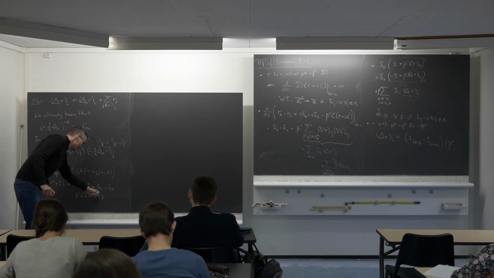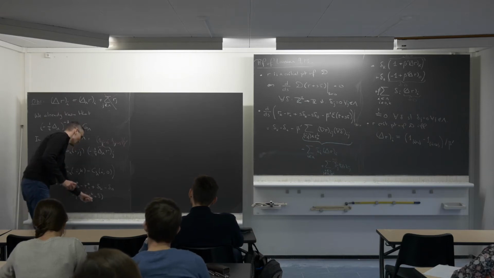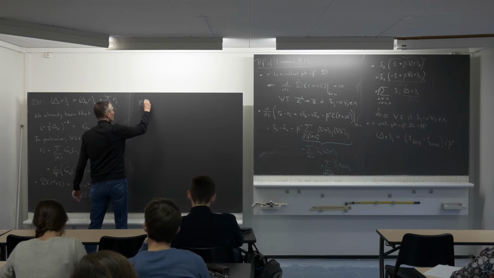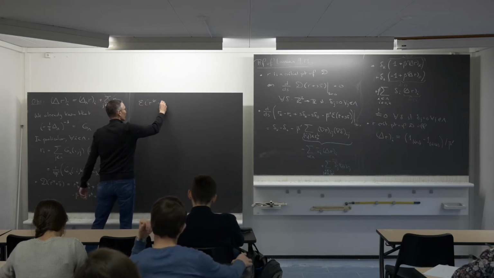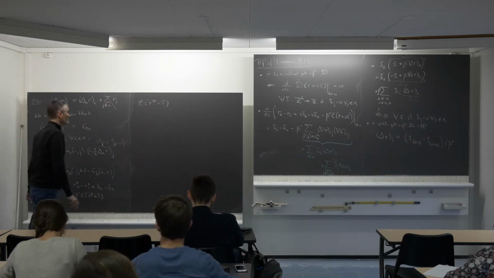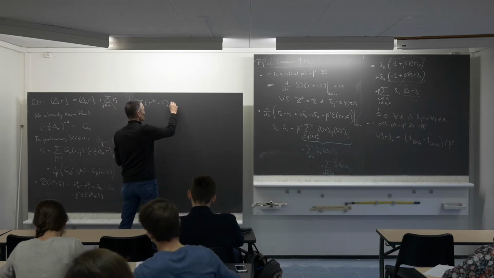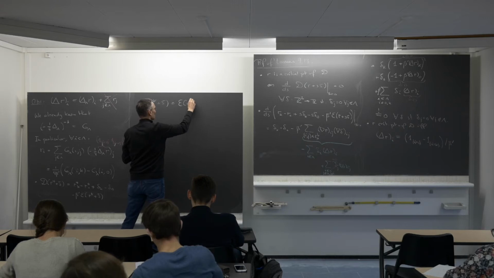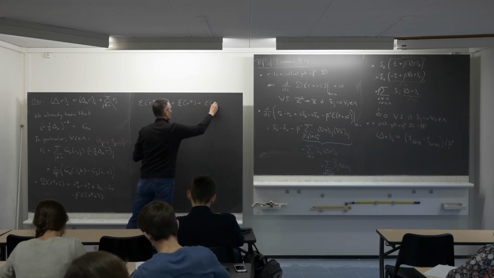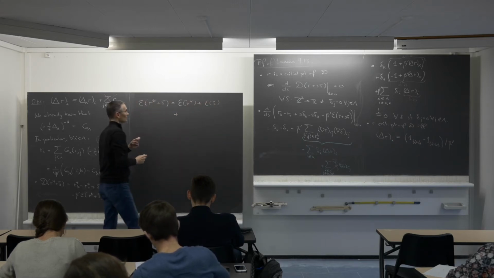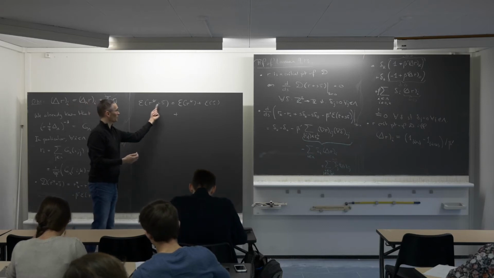Now I have to investigate what exactly this Dirichlet energy is. Let me look at this term first. By the very form of this Dirichlet energy, this is just E of r star plus E of delta plus the cross term that comes when you expand the square.